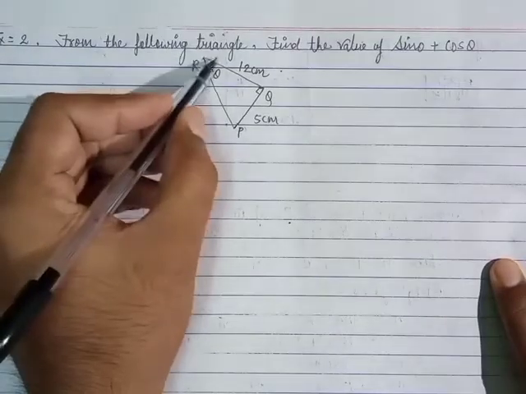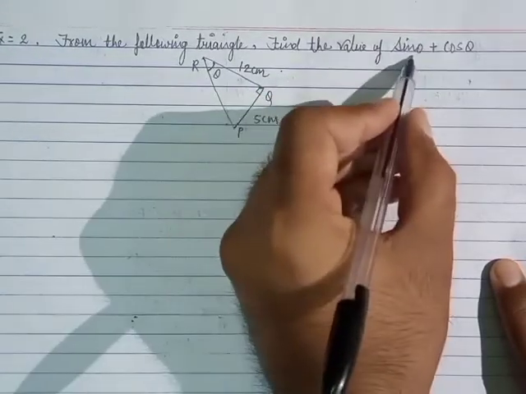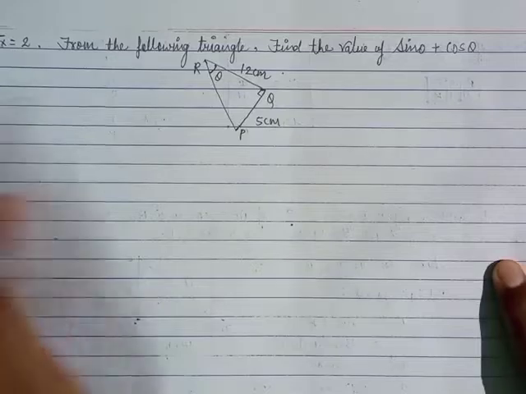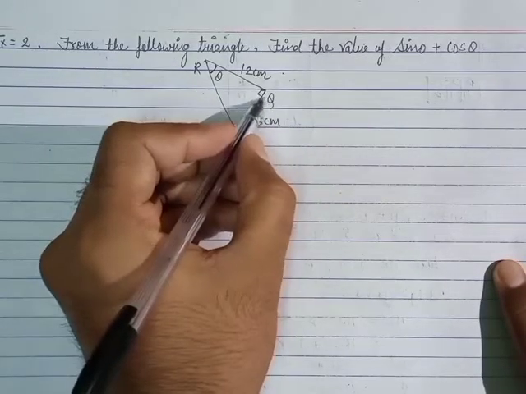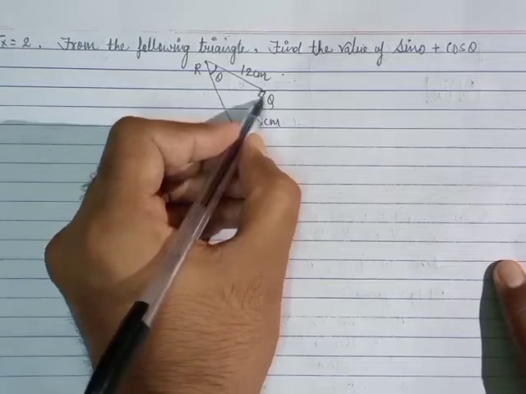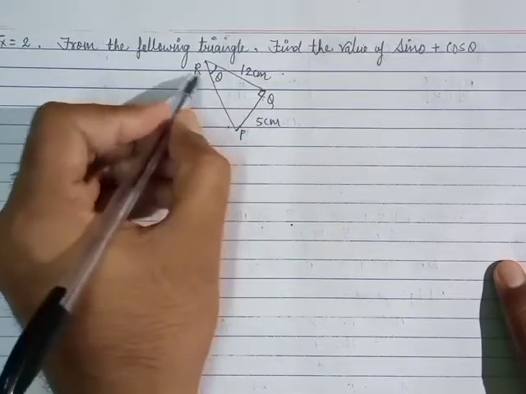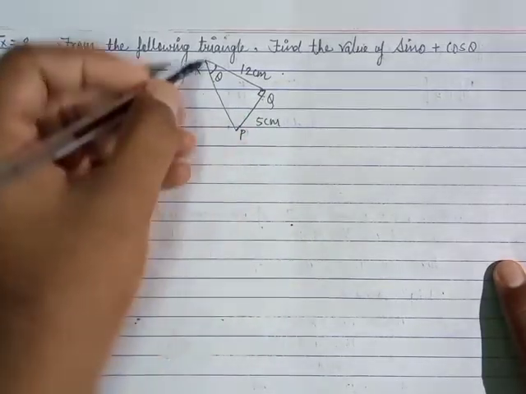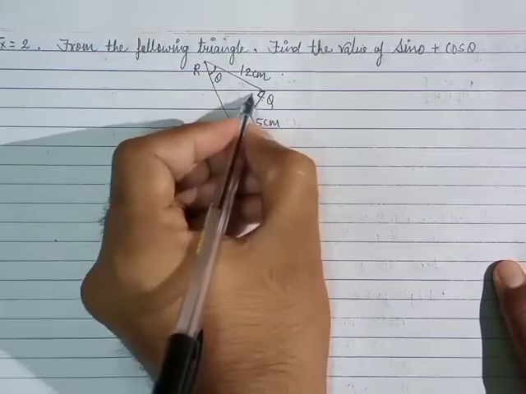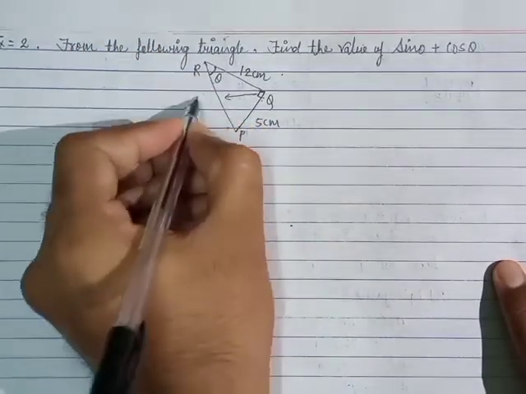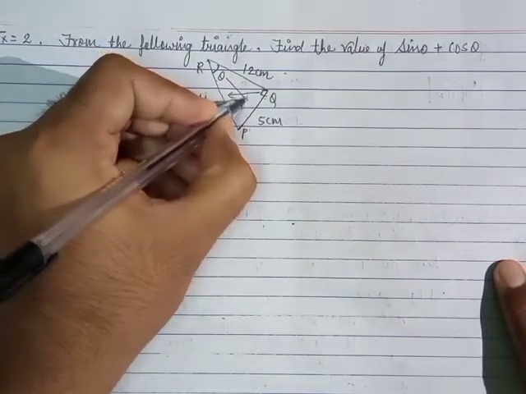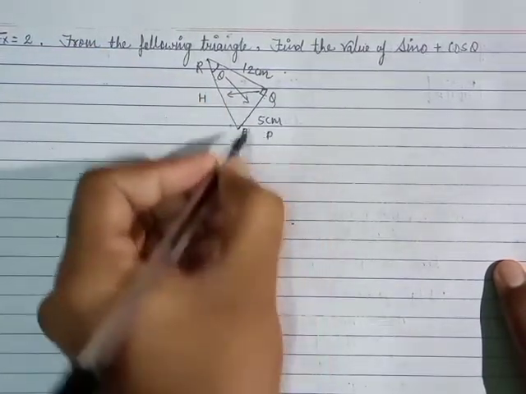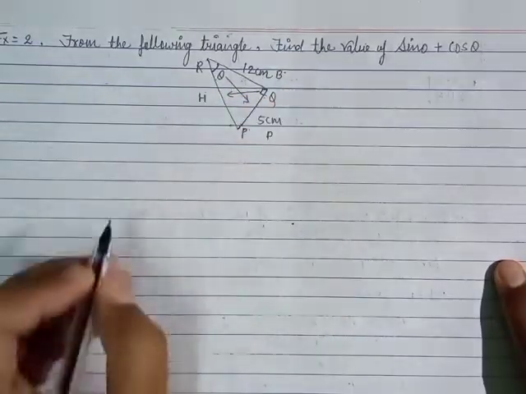From the following triangle, find the value of sin theta plus cos theta, and the figure PQR is given. As you know that 90 degree will be at point Q here, and theta depends on point R here. So opposite side of the 90 degree will be hypotenuse and opposite side of the theta will be perpendicular and remaining side will be base here.